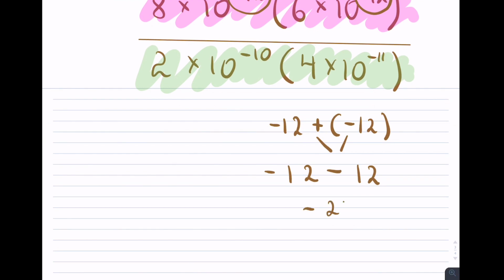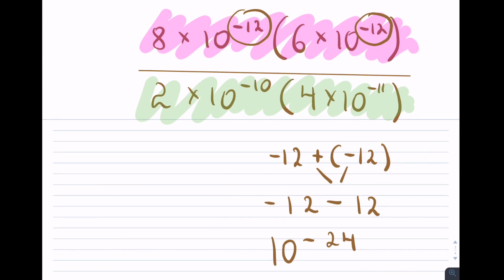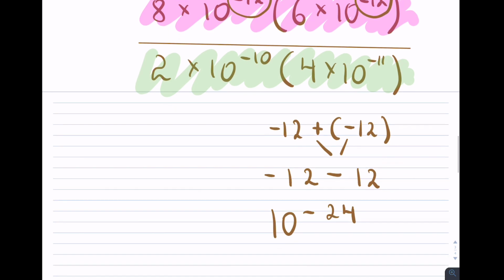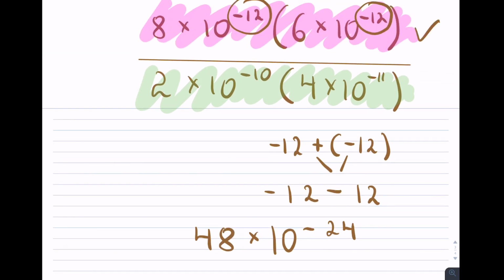It becomes negative 24. So we have 10 to the negative 24. Now, 8 times 6, we have 48. That's the top.